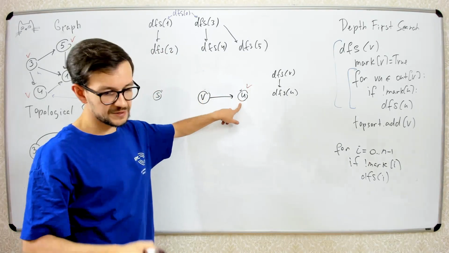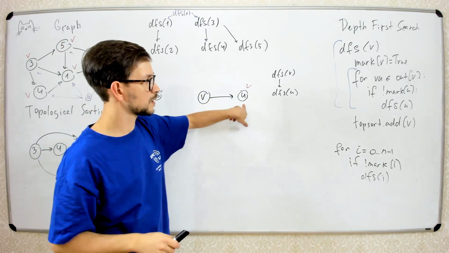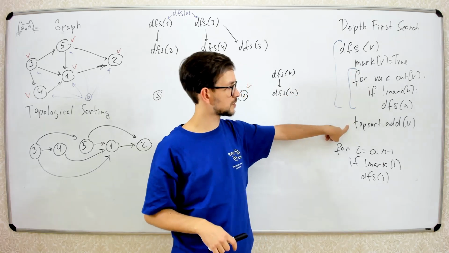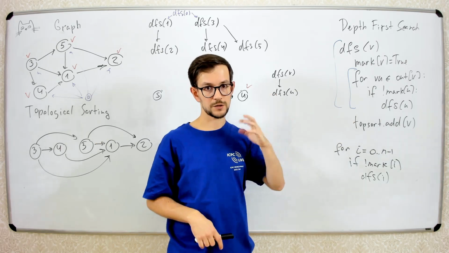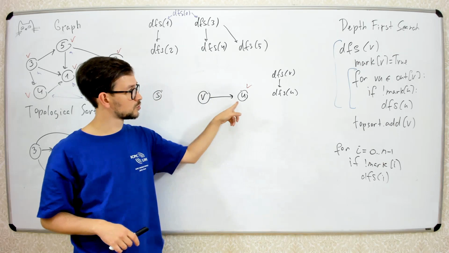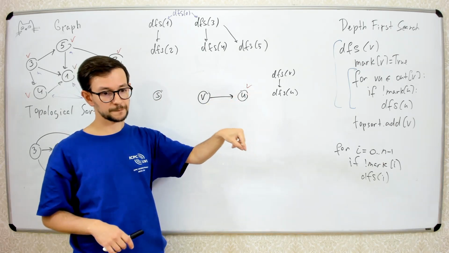So what if this node U is in some middle state? Let's see if it may happen. Let's see if it's possible for node U to be marked, but not put in the topological ordering yet.